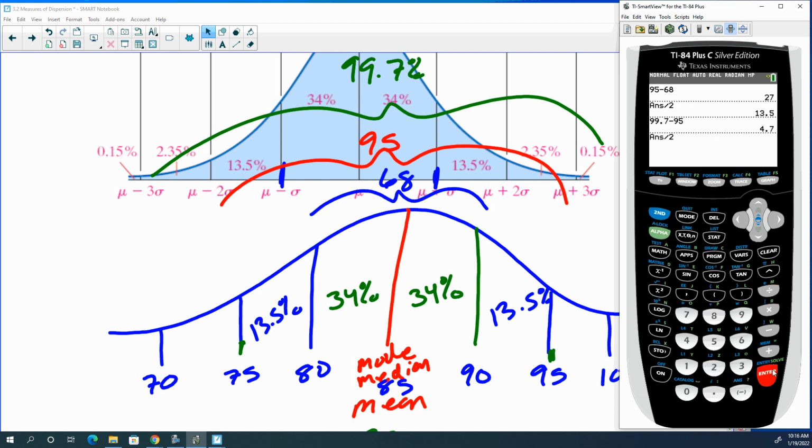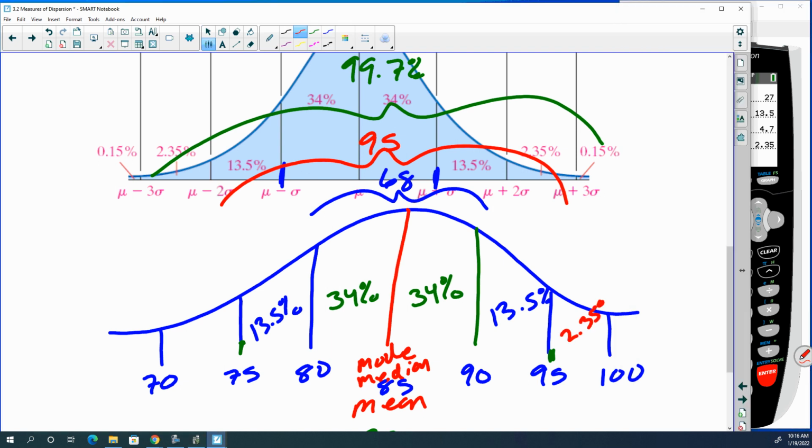So I halve that, and each little chunk is 2.35. So I expect 2.35% of the students to get between 95 and 100, and 2.35% to get between 70 and 75.